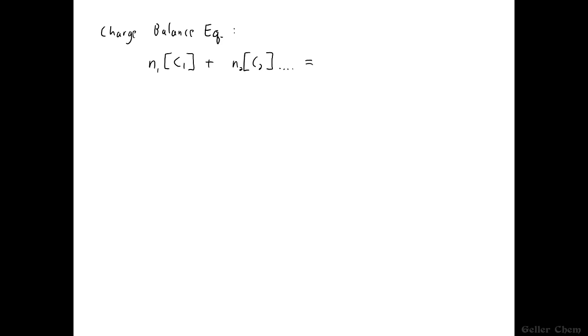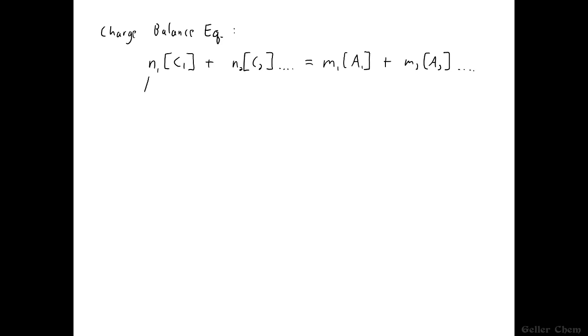Then we'll say equals, and we're going to write something very similar, but this time we'll use lowercase m subscript 1, concentration brackets, capital A subscript 1, plus the same thing again with subscript 2, and then once again a dot dot dot.